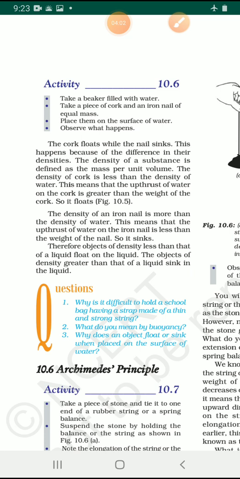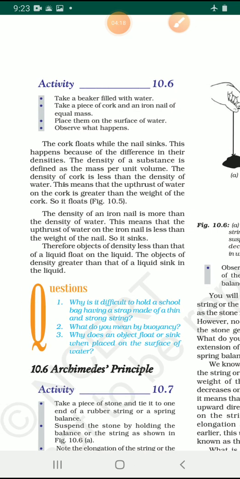When you take an iron nail or any coin or any stone or some heavy material, even a small piece gets sunk because the density of those materials is more than that of water.